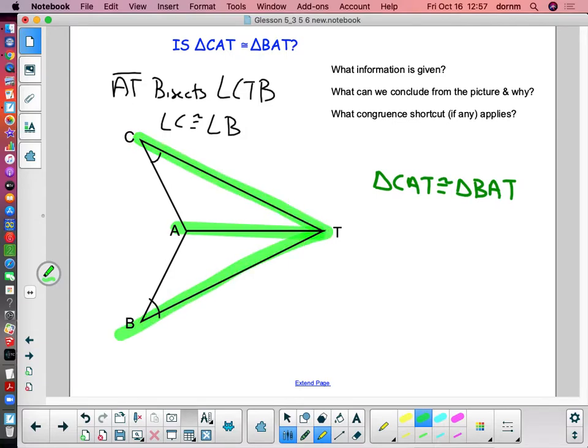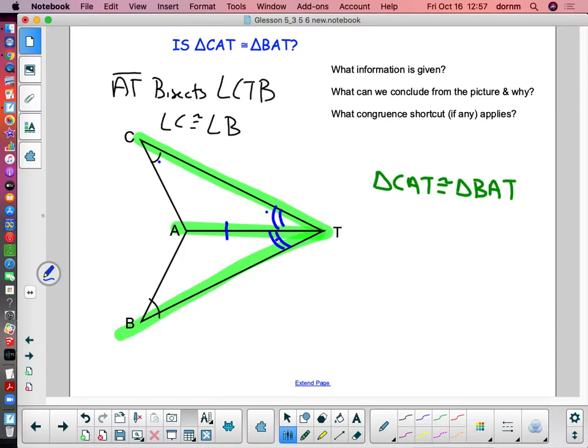Where are my congruent angles? When you highlight it like that, it's really easy to see. These are my congruent angles. And we have our reflexive side. Do I have one of my shortcuts? Absolutely. Angle, angle, side.